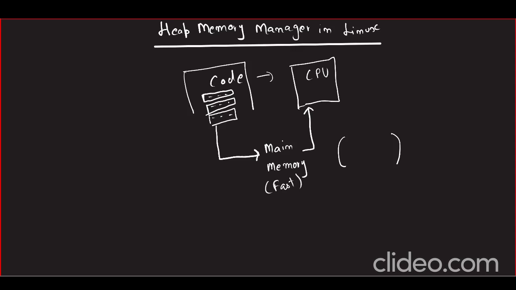We cannot do it from hard drives or hard disks, because they are slow. That's one of the main reasons why we use main memory. By now you might have understood that main memory here can be your RAM.